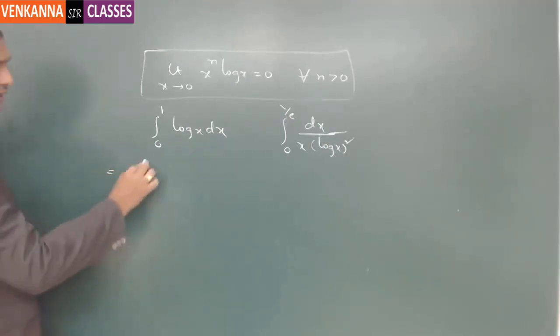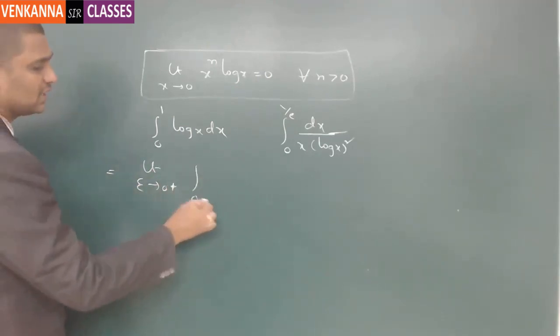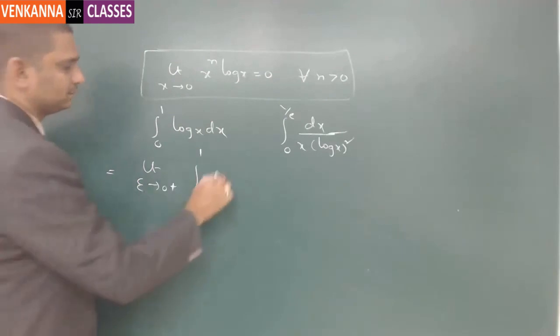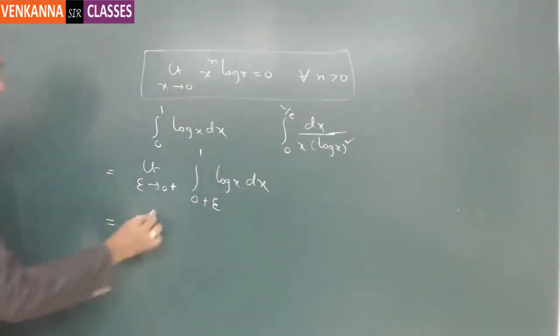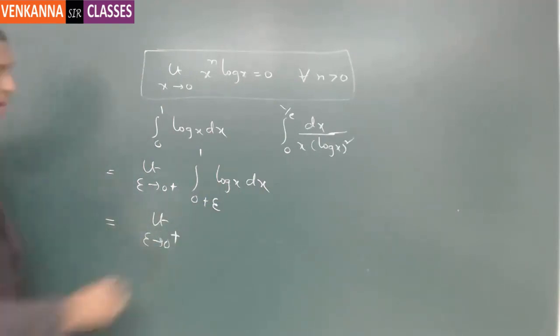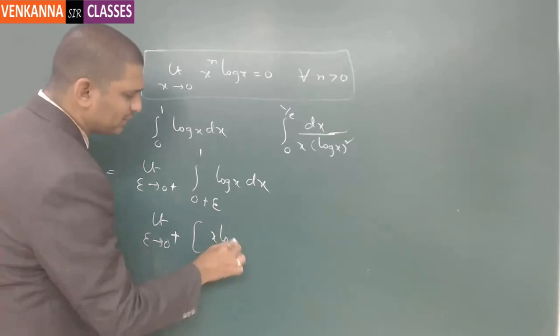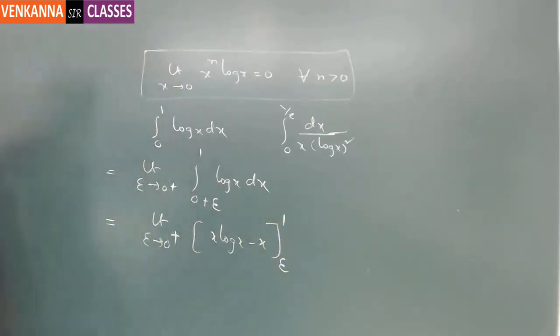So for the first one, it is equal to limit epsilon tends to 0 plus integral 0 plus epsilon to 1 log x dx. This is equal to limit epsilon tends to 0 plus integral log x is nothing but x log x minus x between the limits epsilon to 1.